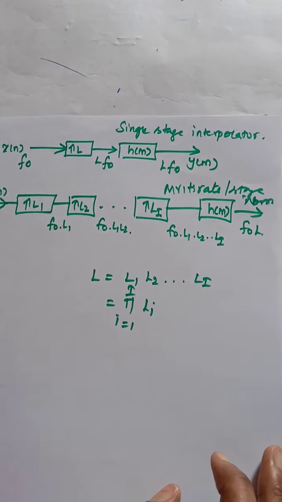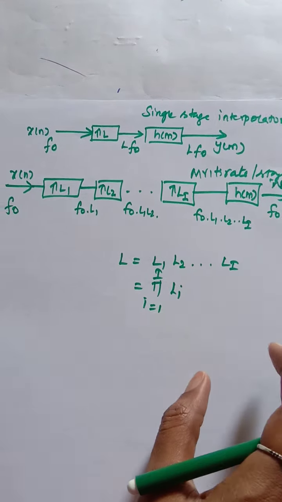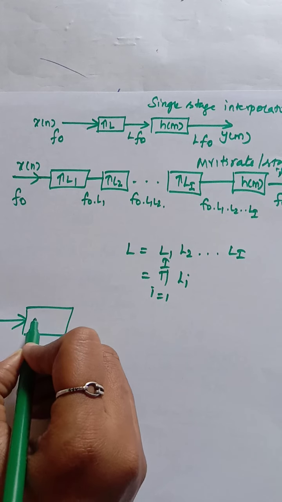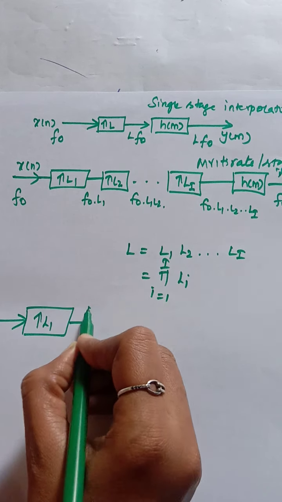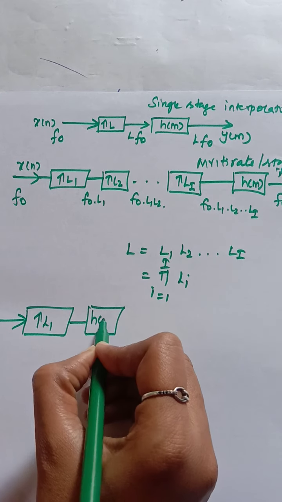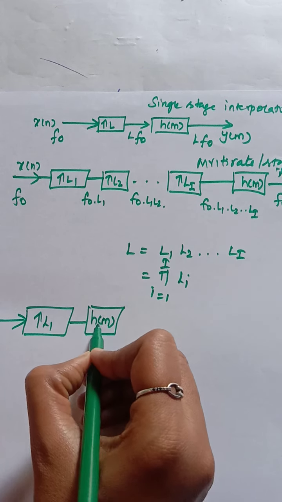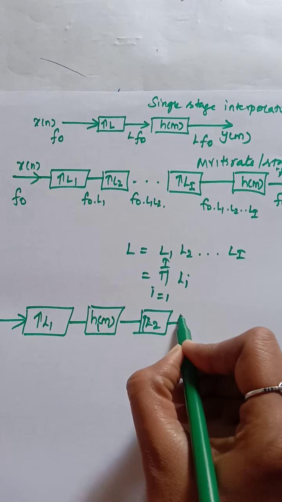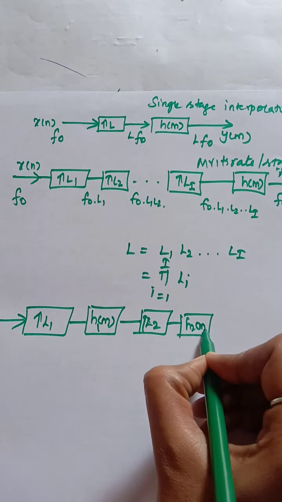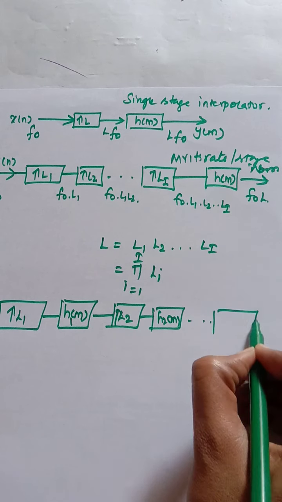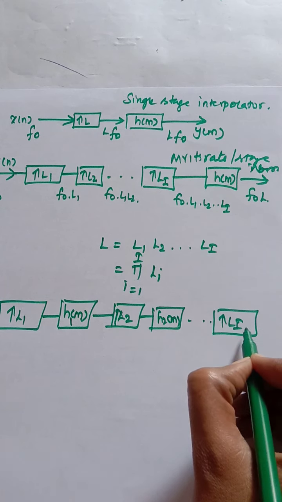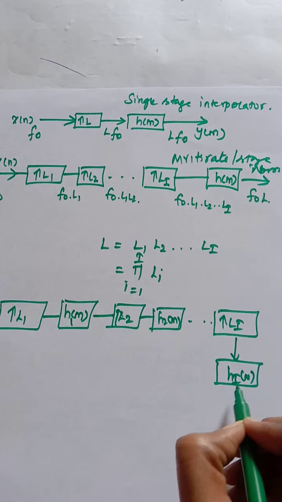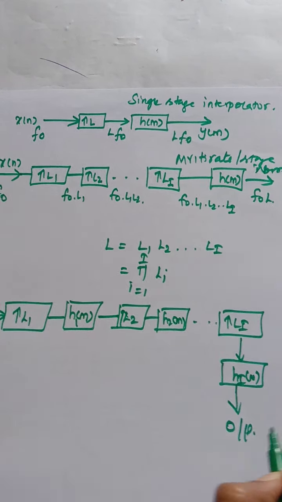Another case is that you can also have multiple stages like this. You will have an interpolator, then a separate filter for it, denoted by H1 of M. Then you will have L2, another interpolator, then H2 of M. Similarly this can be repeated up to Li, given as input to another Hi of M. Finally you obtain the output.